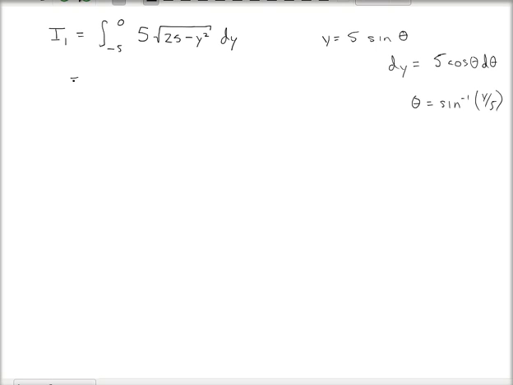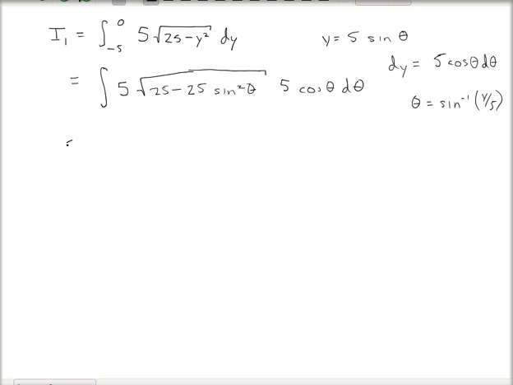Alright, so let's plug some stuff in. I'm going to leave my bounds off the integral for now, so I've got 5 times the square root of 25 minus y squared. Now y is 5 sine theta, so I square that, I get 25 sine squared theta. And then dy is 5 cosine theta d theta, so this is my new integral.